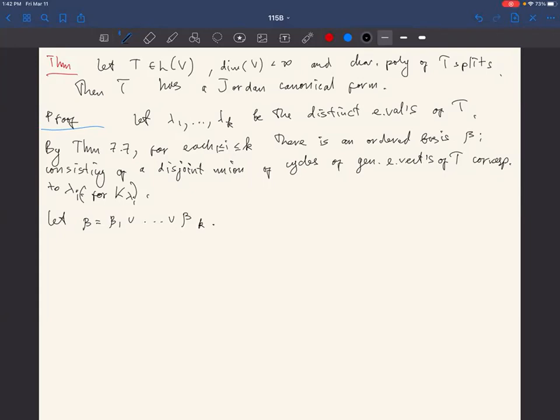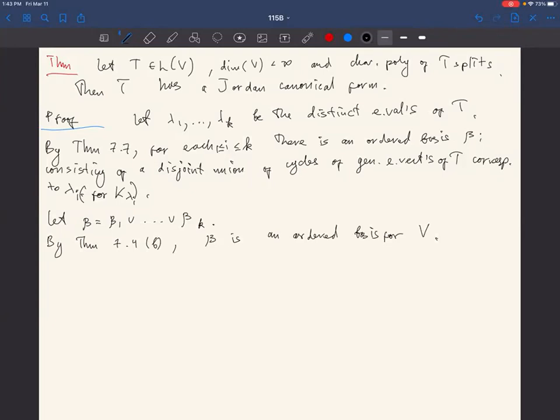All right. So I take a union of bases like this, but we already know something by earlier results. By theorem 7.4b, this union beta is an ordered basis for V. Do you remember the statement of this theorem?